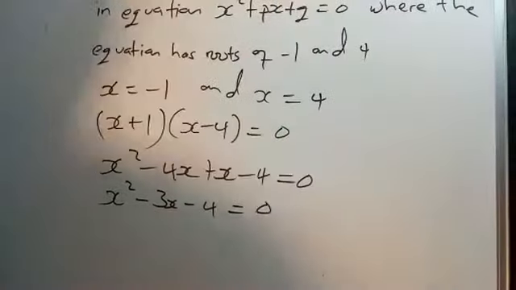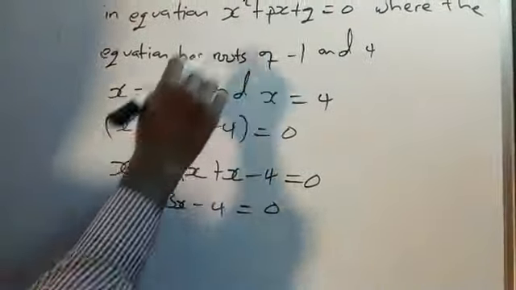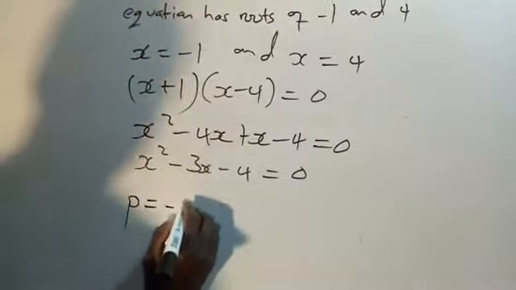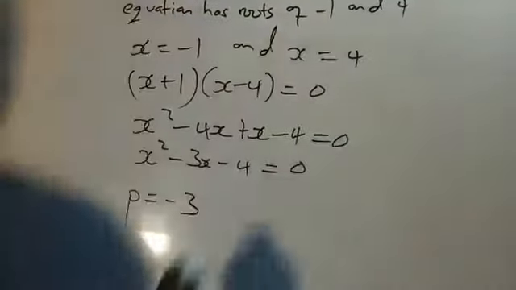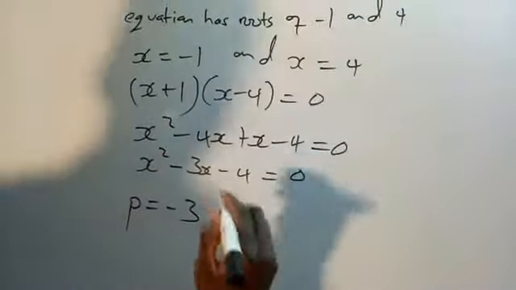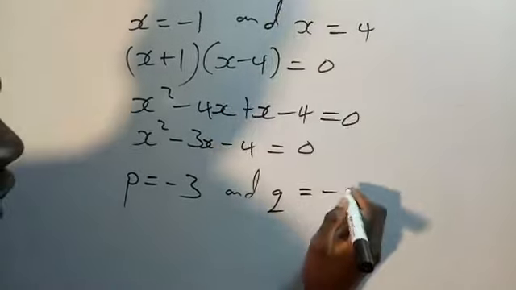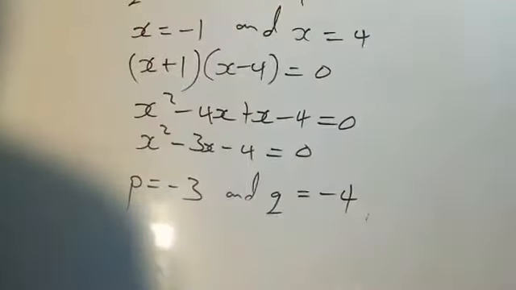By comparing the equations, we shall find p equal to -3 and q equal to -4.